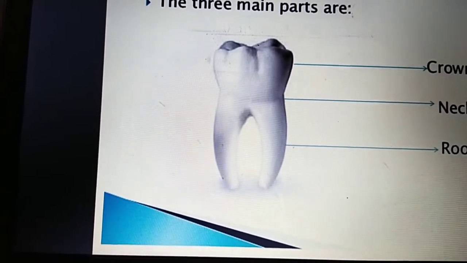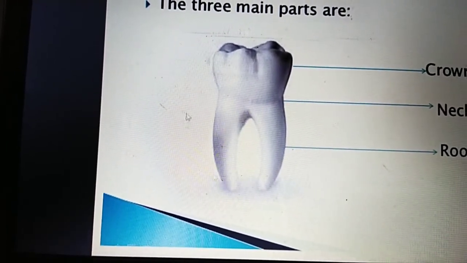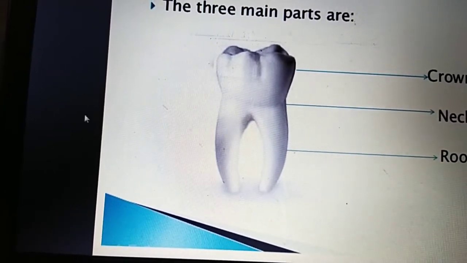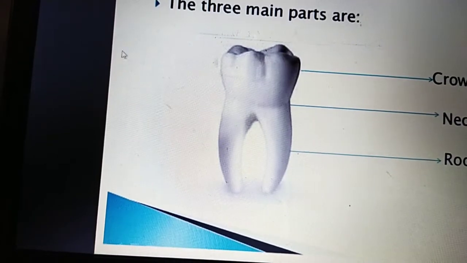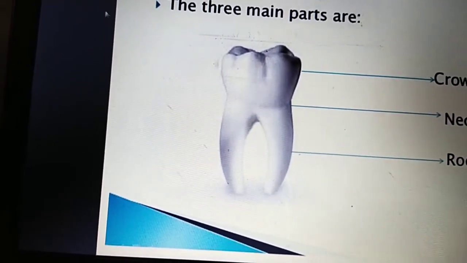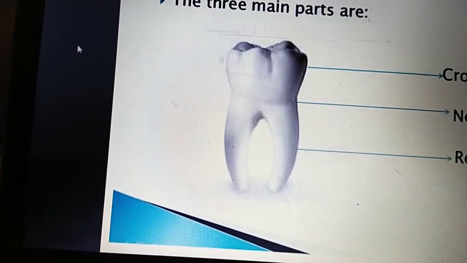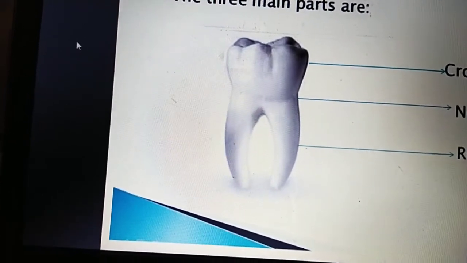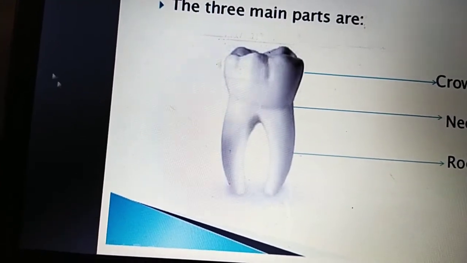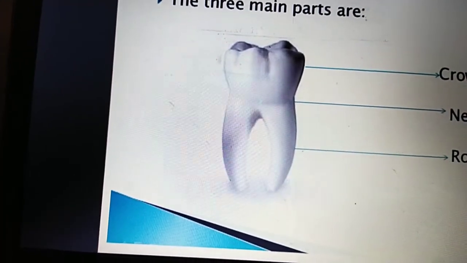The clinical crown means the part which is exposed to the oral cavity, or visible above the gum.